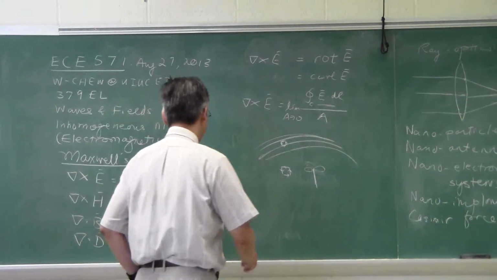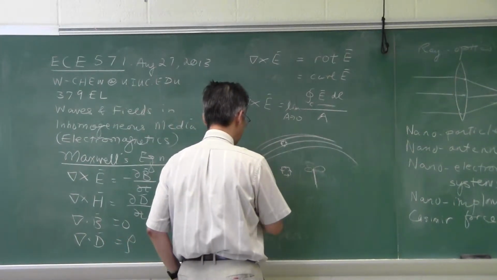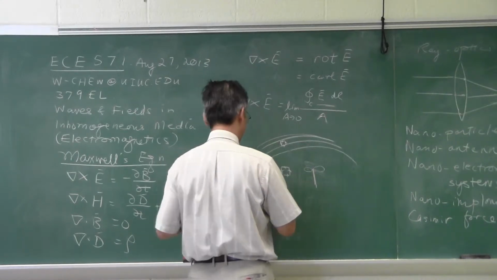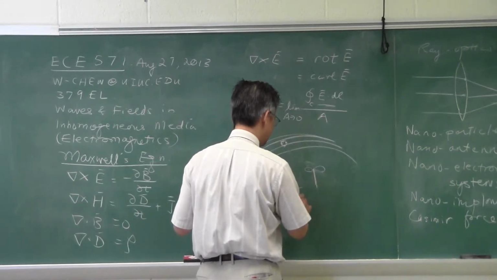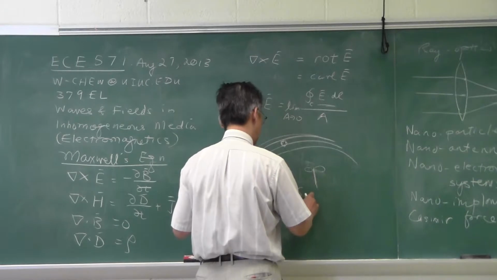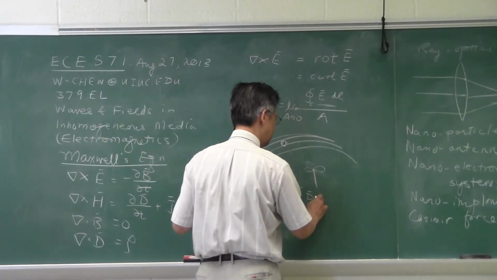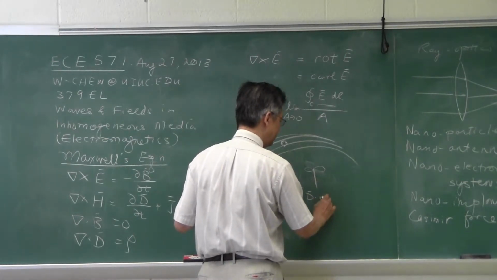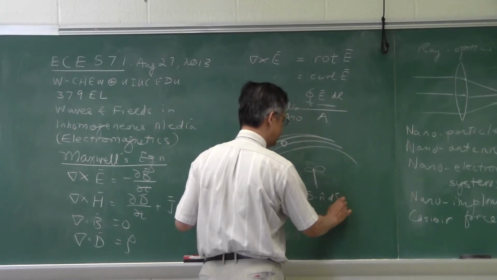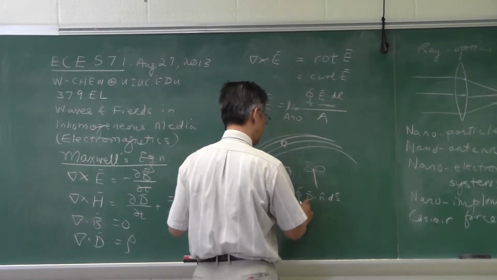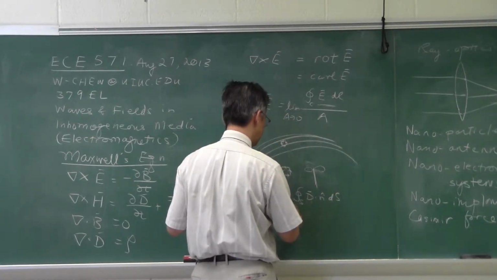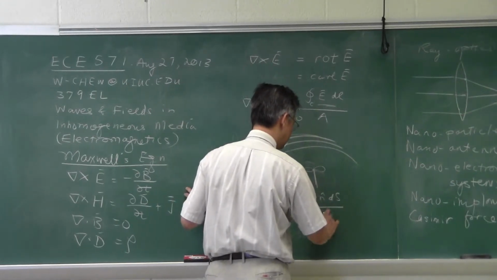Okay. Divergence of D. What is the meaning of this? This says that you take a D and then dot with the normal and then do a surface integration over a closed surface and then normalize by the volume.